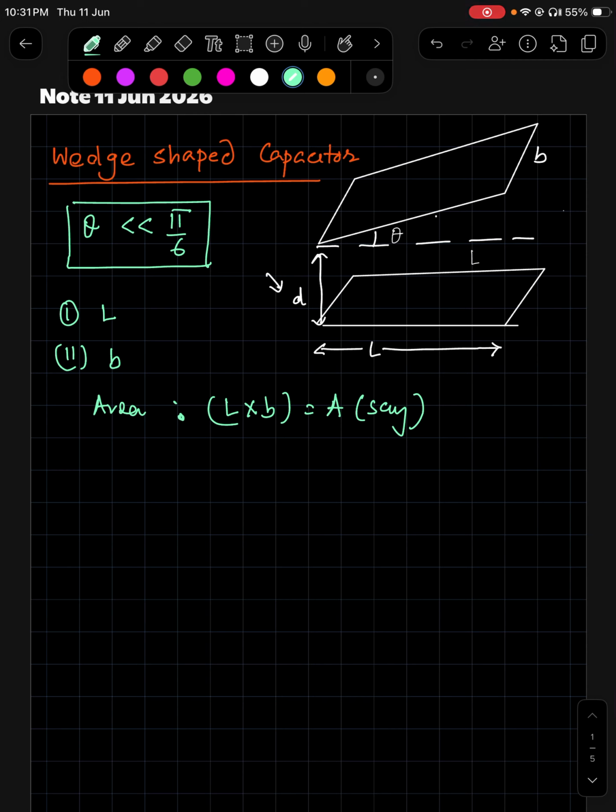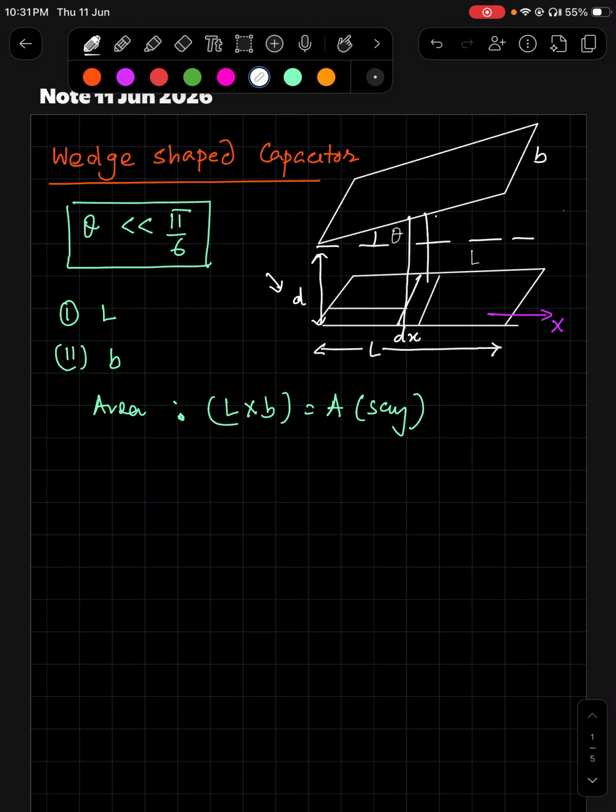To get the capacitance of this capacitor, we have to take a general mechanism. I have taken this direction as the x-axis, and from the left end, I move a distance x and take a small strip of thickness dx.